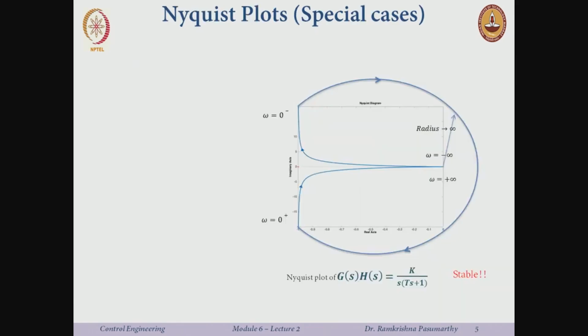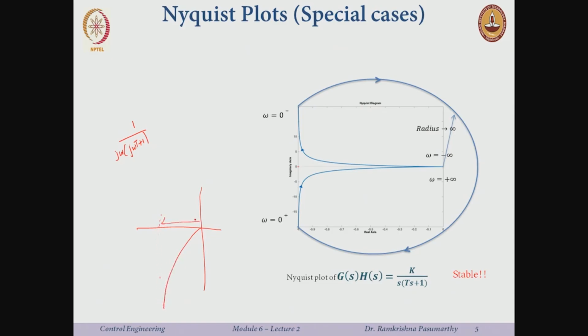If we remember the polar plot of this, the polar plot of 1 over j omega T plus 1, it looked something like this. It will asymptote here.